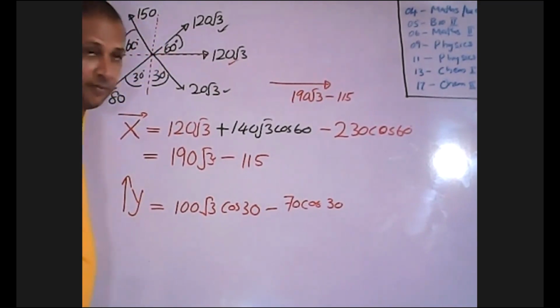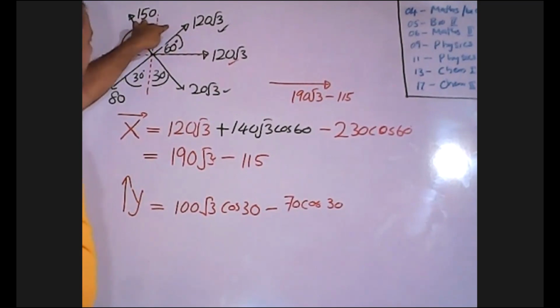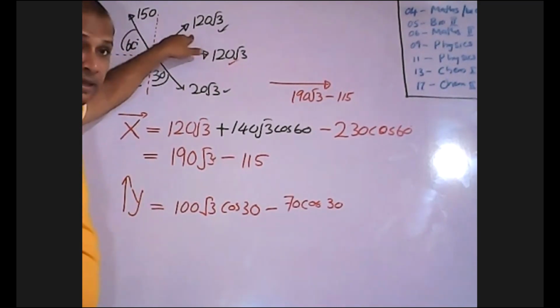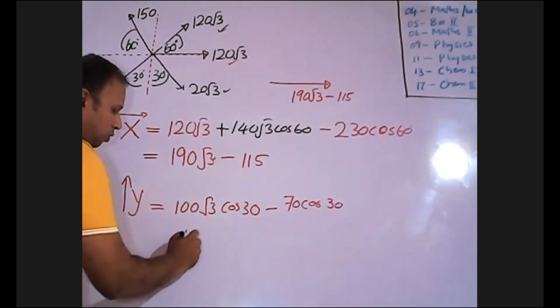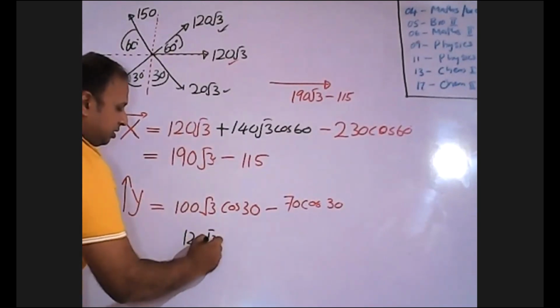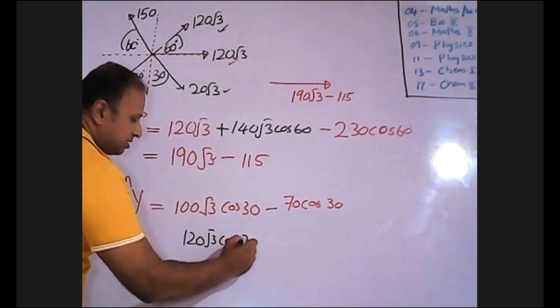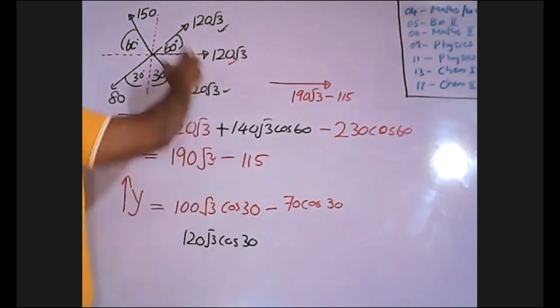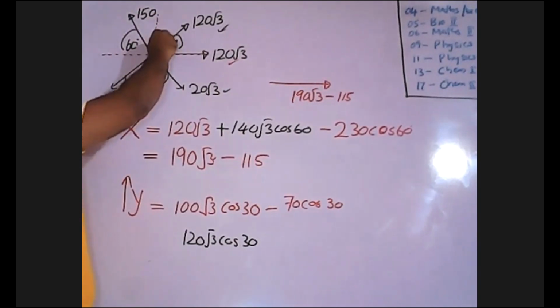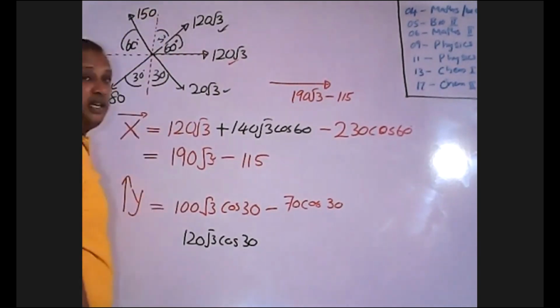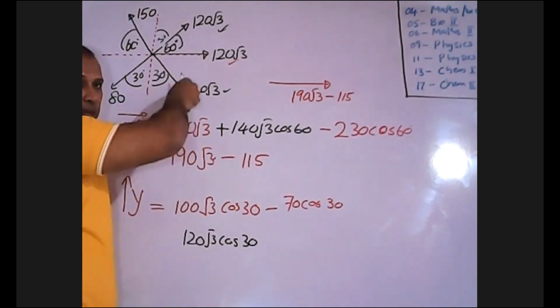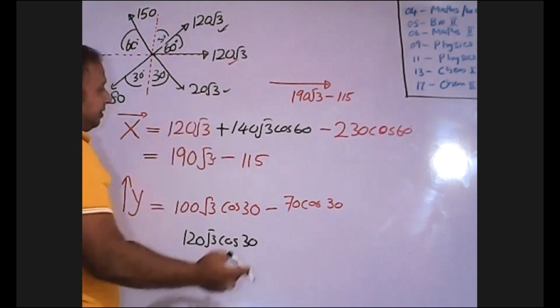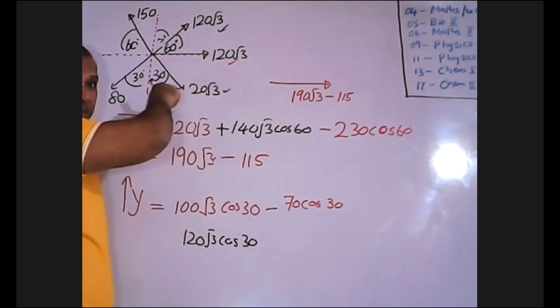Okay. Look at this. If I resolve this into the y direction, it will be positive 120 root 3 cos 30. If I resolve this one into the y direction, it is in the negative direction.